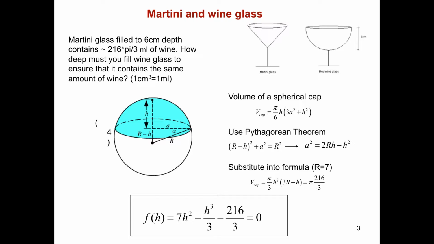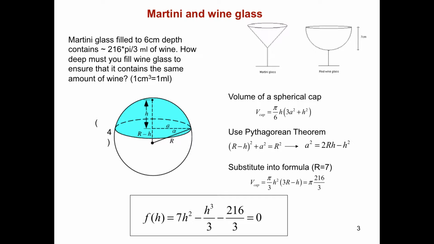Now, I am looking for where this volume actually fills, so this volume is actually a function of h. Depending on how much I fill up my glass, up to h, my volume changes. Okay?